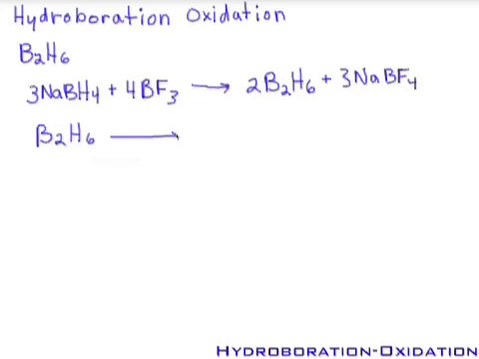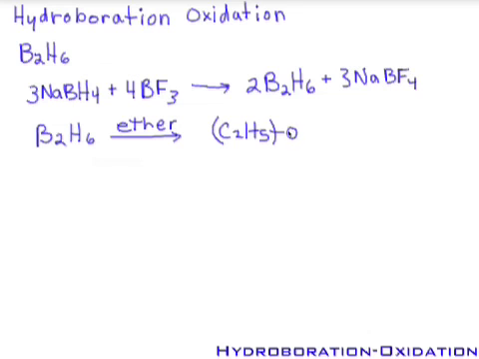So if you dissolve it in diethyl ether, you can get your 2 ethyl groups, C2H5, attached to your oxygen.